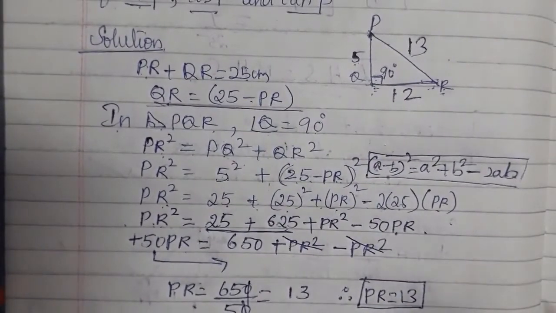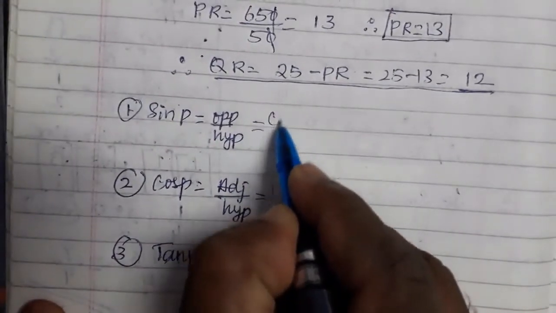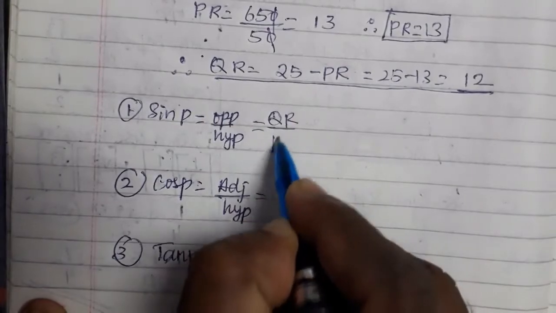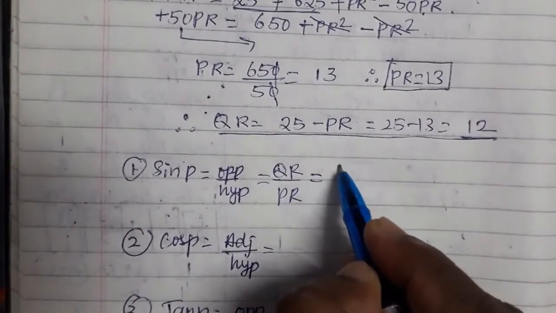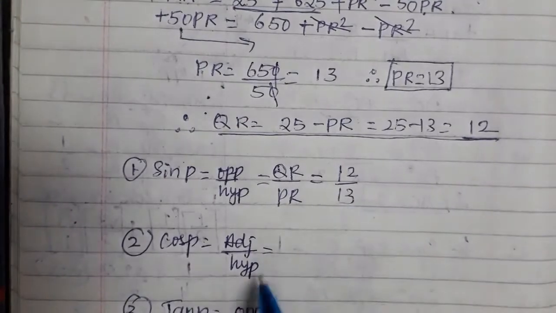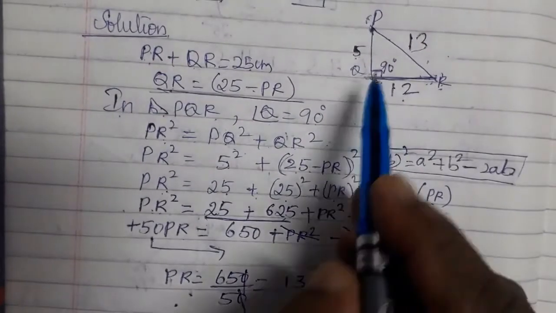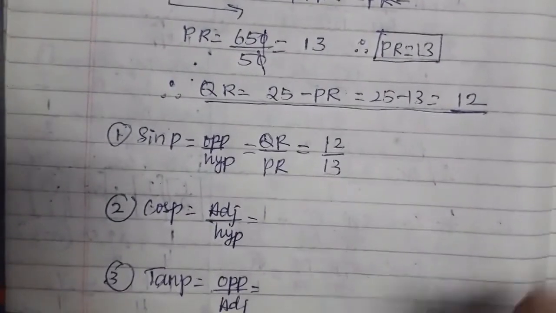Now you can see opposite is QR, hypotenuse is PR. So QR by PR. What was QR? QR is 12, PR is 13. So 12 by 13. Now what is adjacent? Adjacent is 5. Hypotenuse is 13.